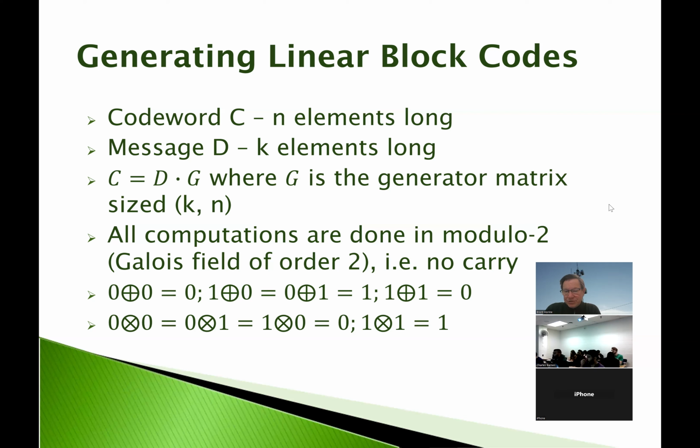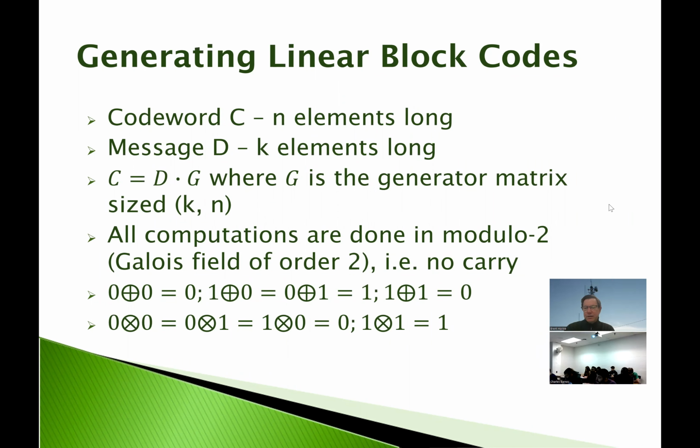A matrix is just another way of doing linear algebra, where we're going to have some things multiplied by each other and then some things added to each other, right? Matrices are just nice ways of organizing these types of linear equations. So we'll create our code inside a matrix that we'll call G. G stands for generator.